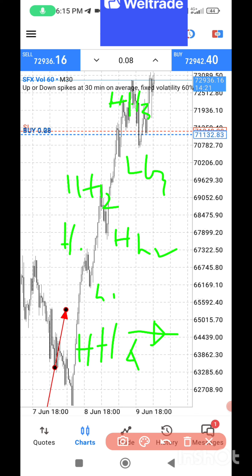So for you to get hash 4, you must know the location of L4, very important. This is hash L4.